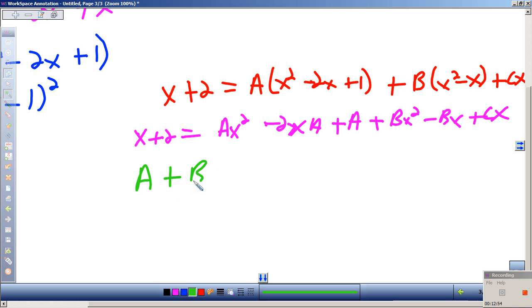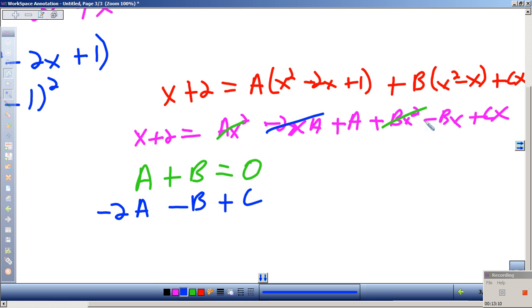So a plus b equals 0. That's the x squared terms. Okay, next one. So that's negative 2a minus b plus c equals 1, and a equals 2.